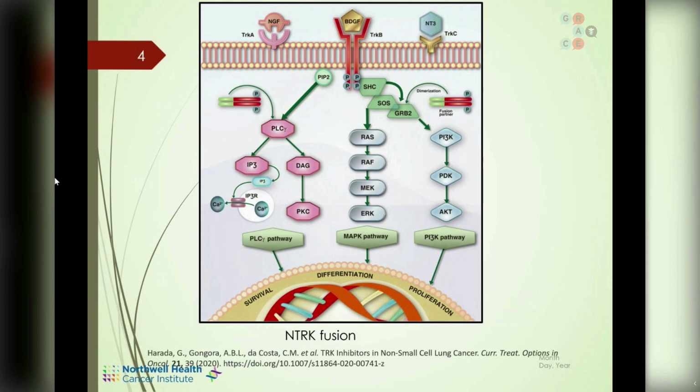The dimerization happens when there is a signal from outside. The signal is called a ligand. So when that happens, there's triggering of downstream pathways, as you can see here, the RAS pathway, the PI3 kinase pathway, and the PLC gamma. The PLC gamma is important for neuronal differentiation. The other two pathways are important for cell differentiation and proliferation, meaning it's important for cell growth, the cell to divide and go to other places.